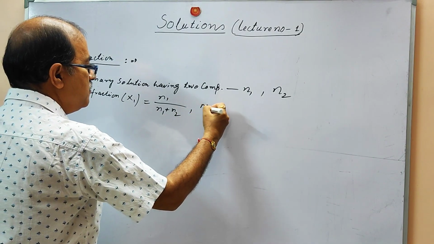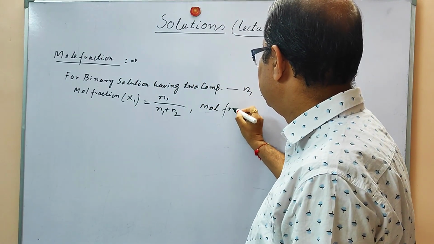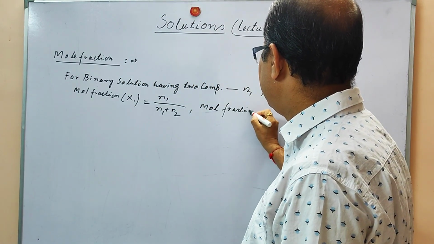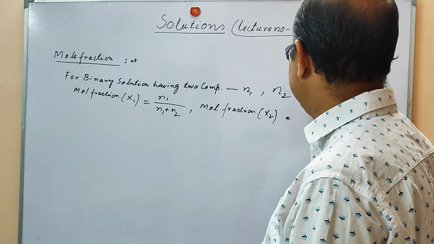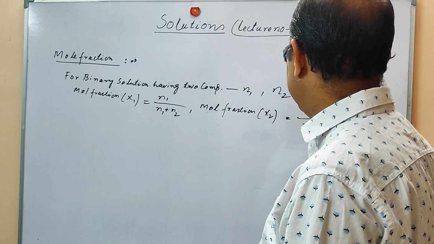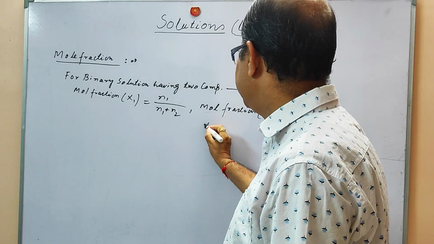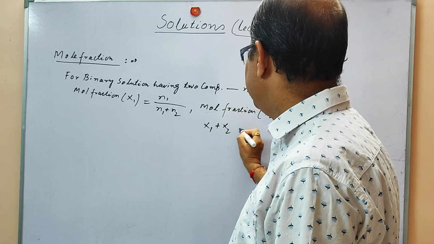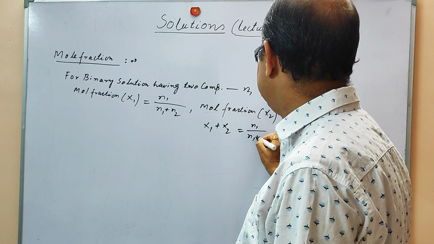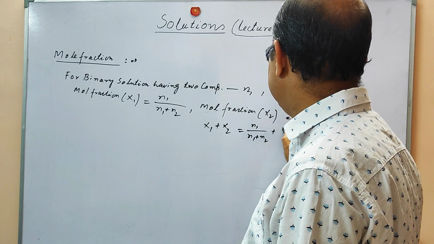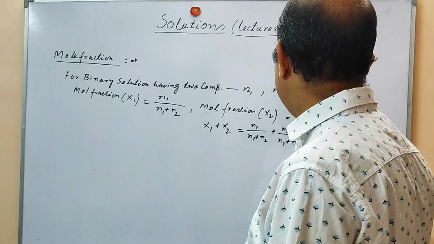The mole fraction of the other component, x2, is given by N2 by N1 plus N2. When we add x1 plus x2, it is N1 by N1 plus N2 plus N2 by N1 plus N2. This will always be 1.